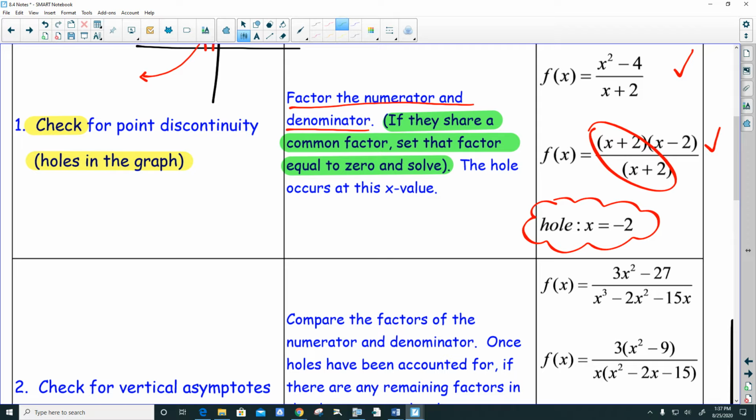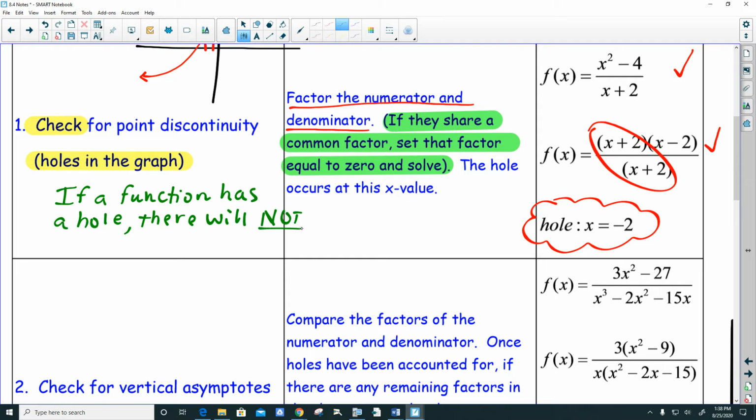Okay, now here's something worth noting though. And this is the reason that you always want to check for the holes right off the bat. If a function has a hole, there will not be a vertical asymptote or an x-intercept at that x value.